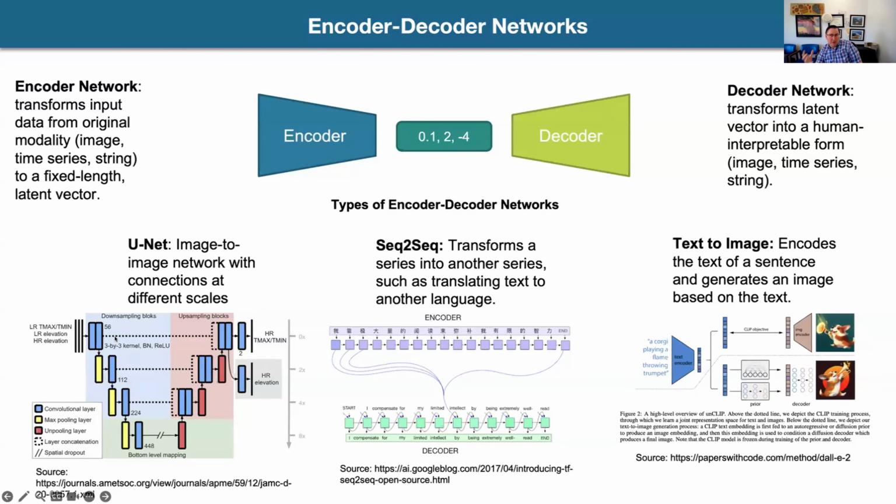So one way to do this is with a thing called a UNet, which is an image-to-image network. The idea with this is you learn features at a given scale, and then you send some of those features down to lower scales, but then you also send the same scale features across the model to the other side. And so it can get information in two directions.